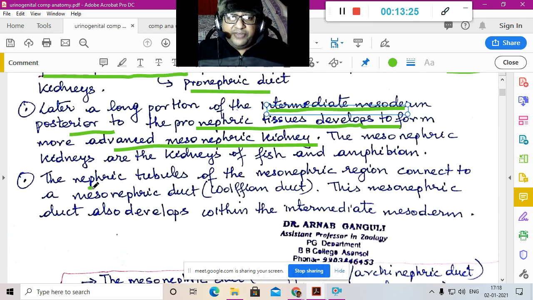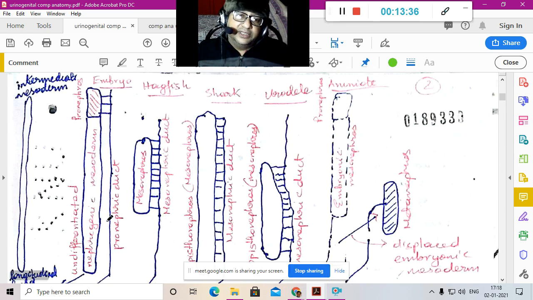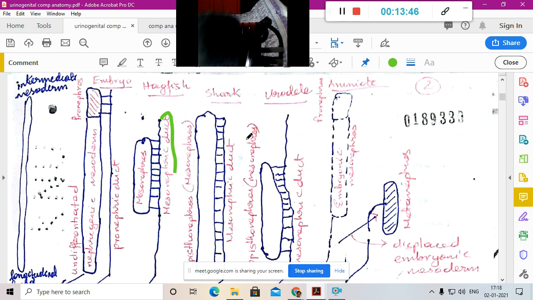The nephric tubules of the mesonephric region connect to a mesonephric duct. The mesonephric duct is also known as the Wolffian duct. So this mesonephric duct which you see here, this long line, is also known as the Wolffian duct.